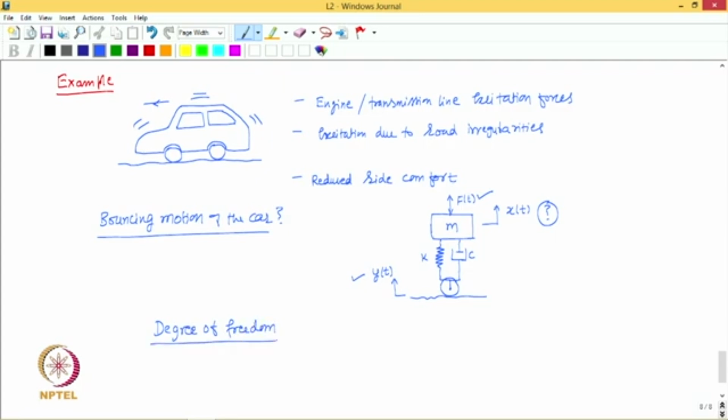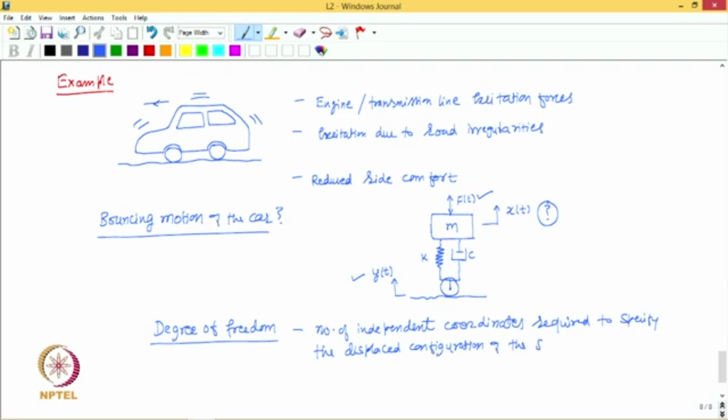So what is degree of freedom? Degree of freedom is the number of independent coordinates required to specify the displaced configuration of the system.